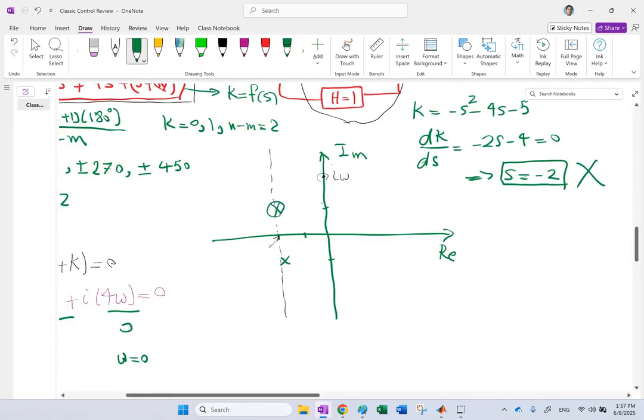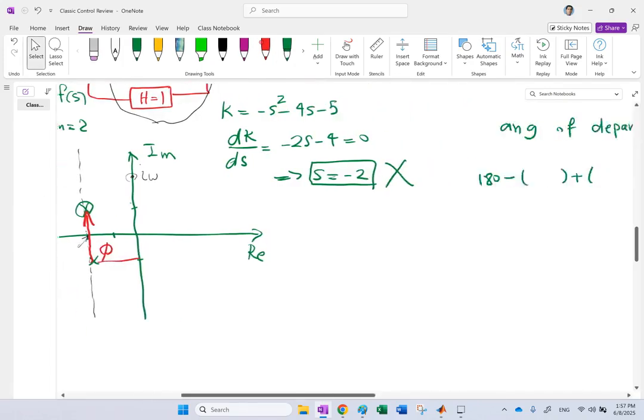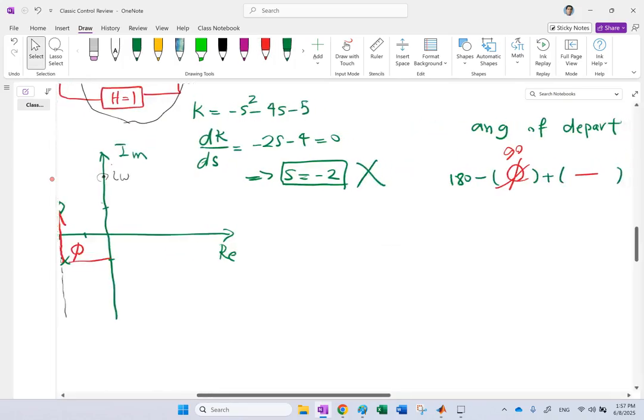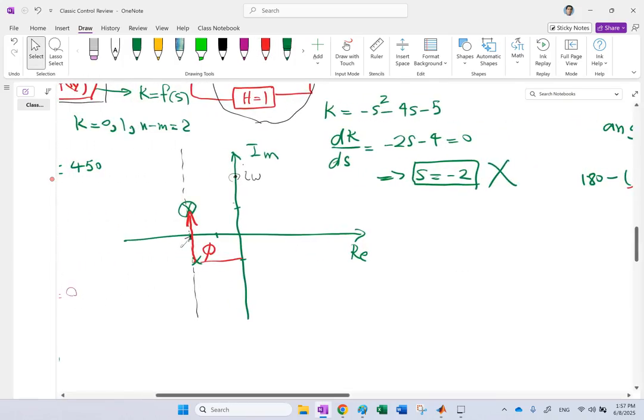So for instance, for this pole, all I need is to connect the other pole to it with this vector, and then I measure the angle of this vector with respect to the x-axis. If I call it phi, this is just minus phi, and there is no zero. In this case, phi is simply 90 degrees, so 180 minus 90 is 90 degrees. So in this system, the root locus should leave that pole with an angle of positive 90 degrees.